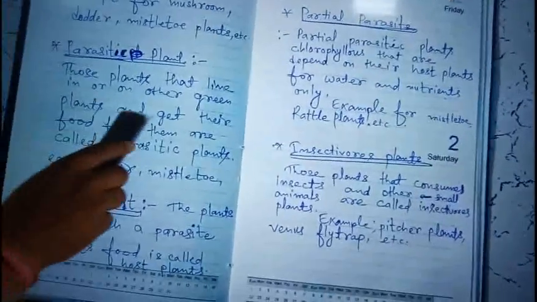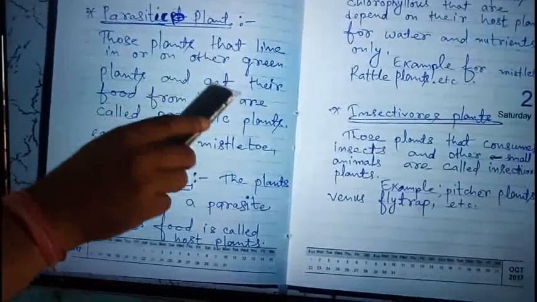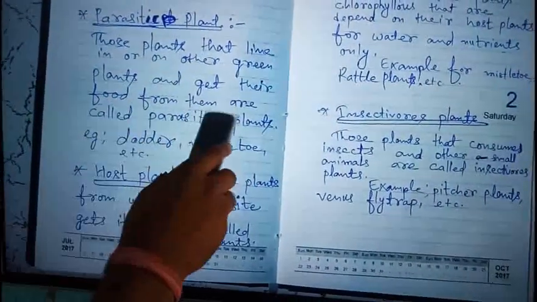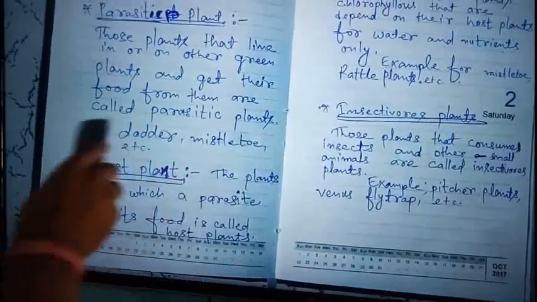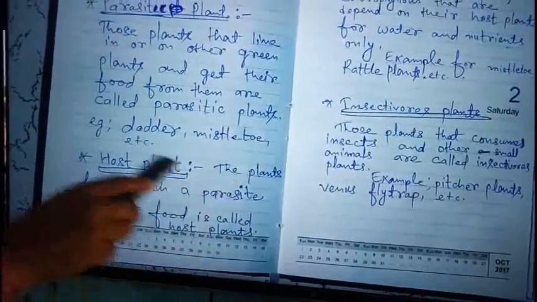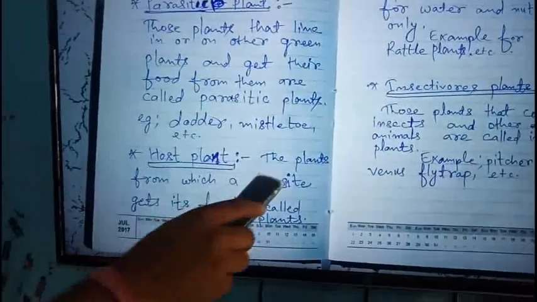Those plants that live in or on other green plants and get their food from them are called parasitic plants. Examples are dodder, mistletoe, etc.